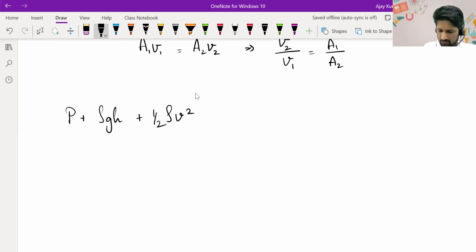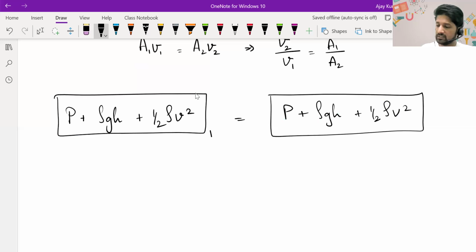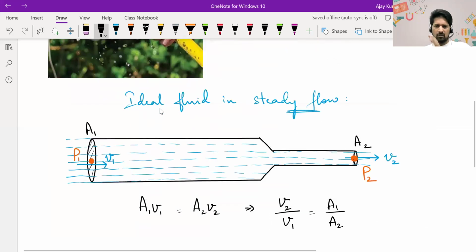We are going to write the sum of these three terms at the first point and equate it to the sum of these three terms at the second point. This is how Bernoulli's equation is applied. You choose 2 points in a continuous fluid and equate these sums at those 2 points. Now see, we considered a horizontal pipe here.